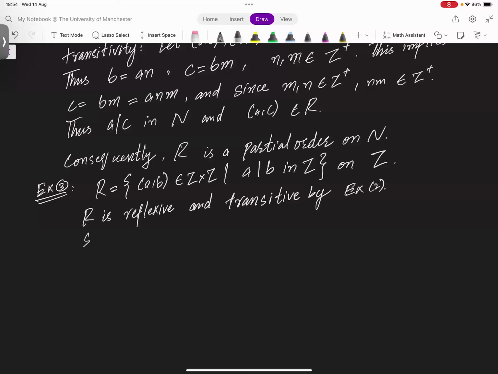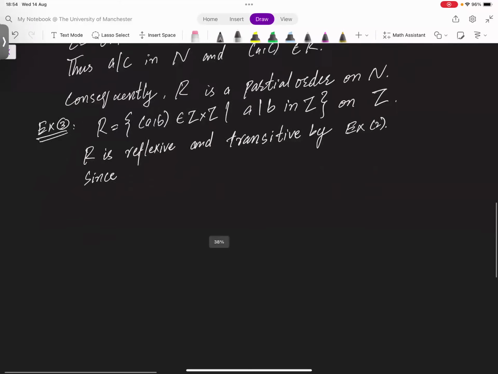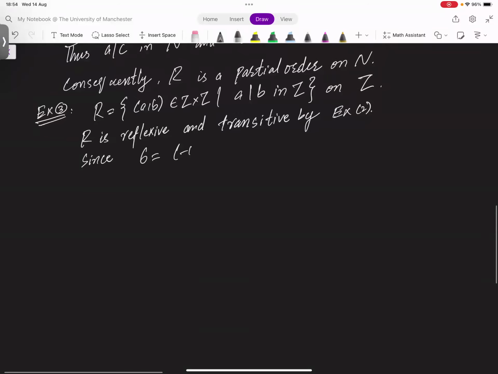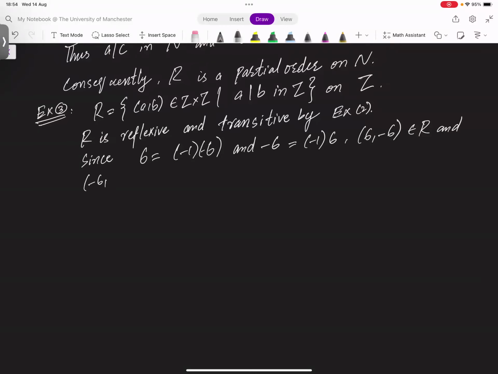Now, since 6 can be written as -1 times -6, and -6 can be written as -1 times 6, then (6, -6) is inside R, and (-6, 6) is inside R. But we know that 6 is not equal to -6.